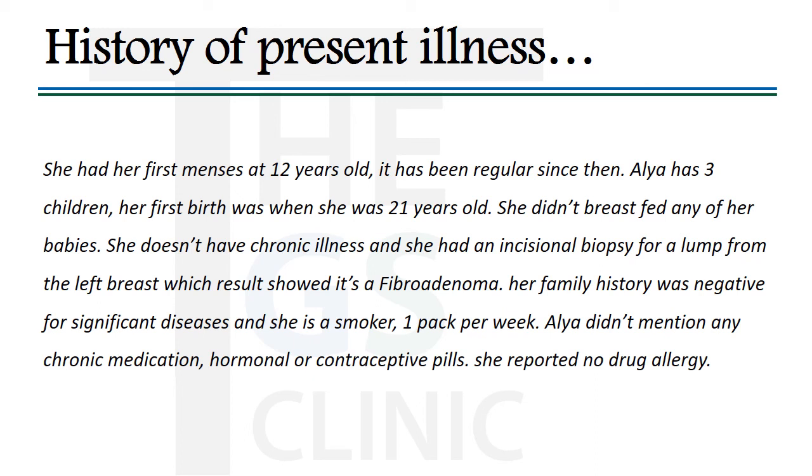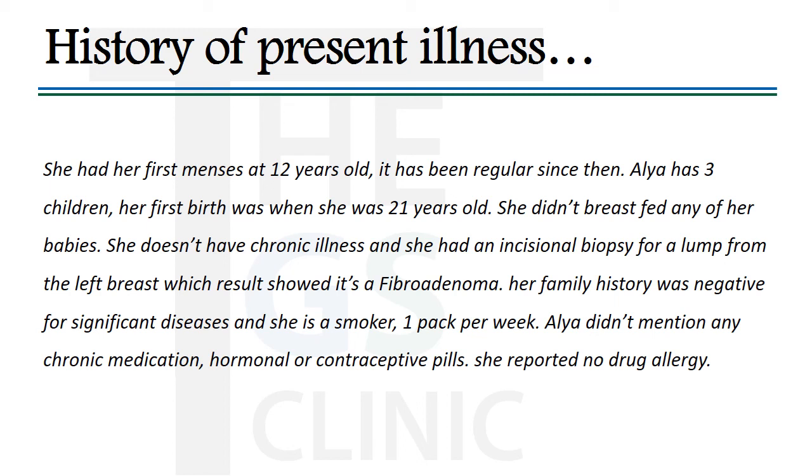This is an example of how you write the related histories. She had her first menses at 12 years old. It has been regular since then. Alia has 3 children. Her first birth was when she was 21 years old. She didn't breastfeed any of her babies.